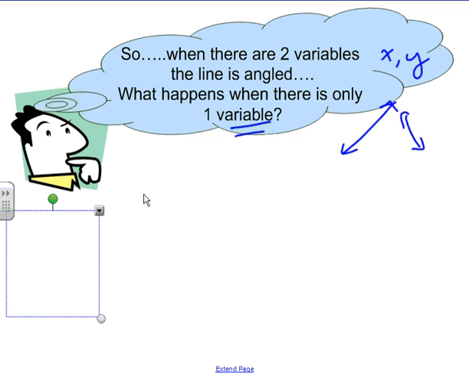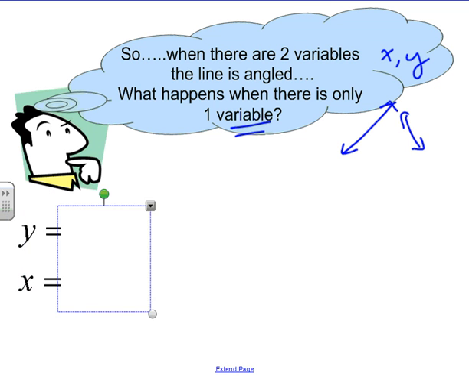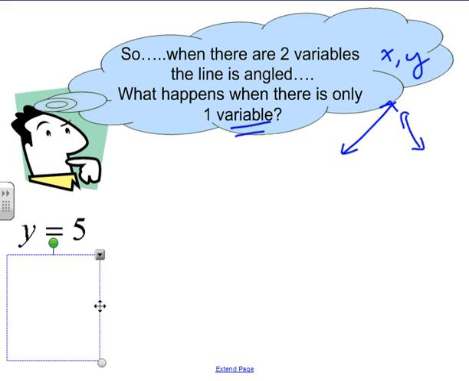So when there's only one variable, we have y equals 5. When we have y equals 5, we notice that there's no x at all in the equation. If there's no x, it does not touch the x-axis.